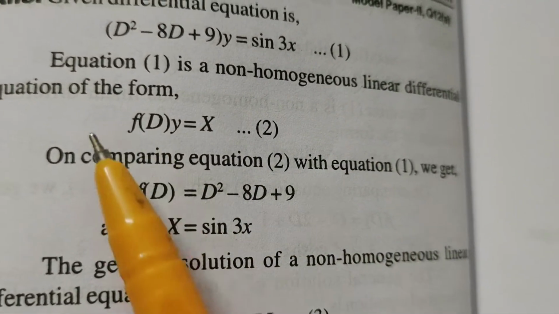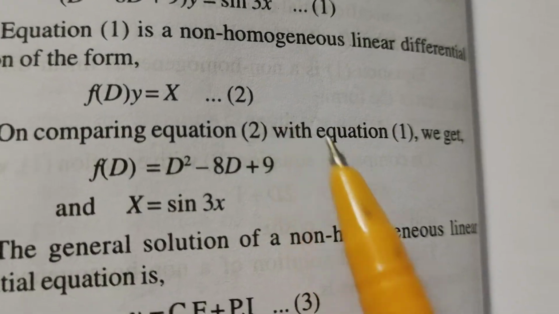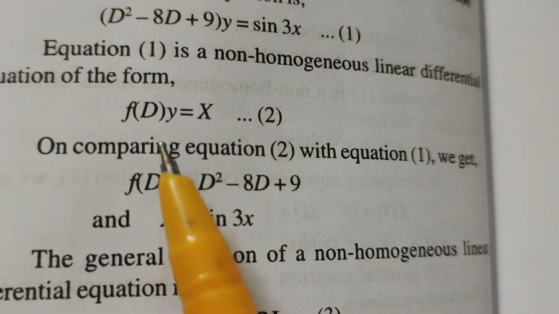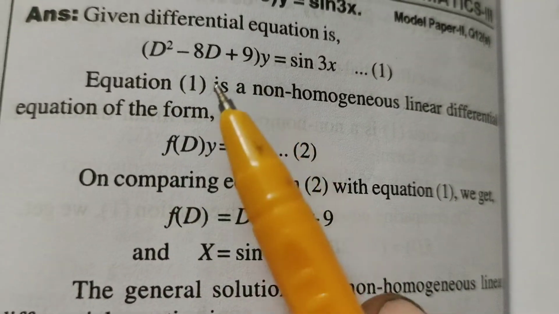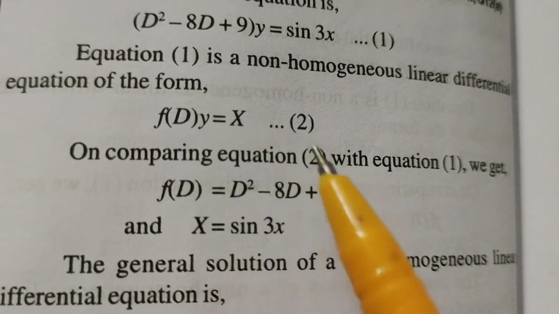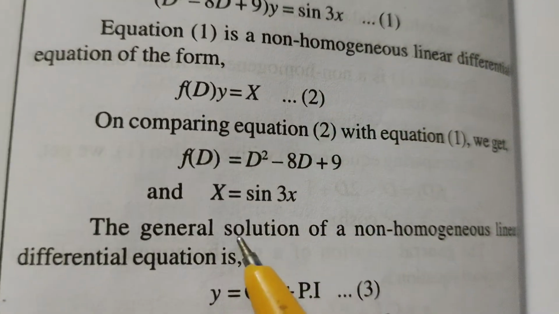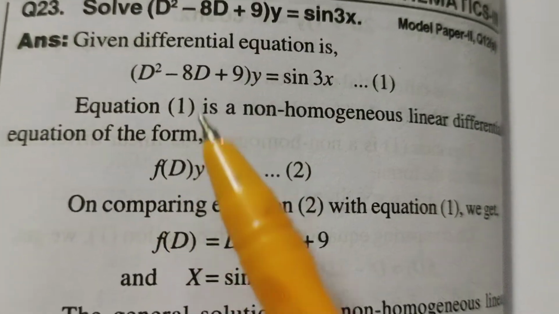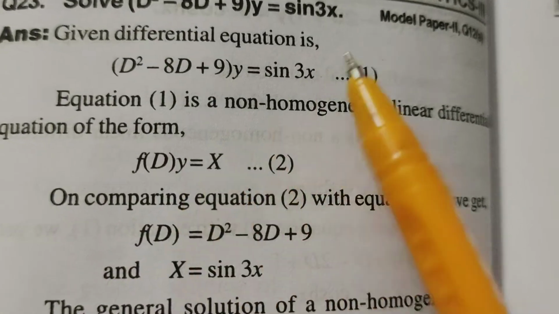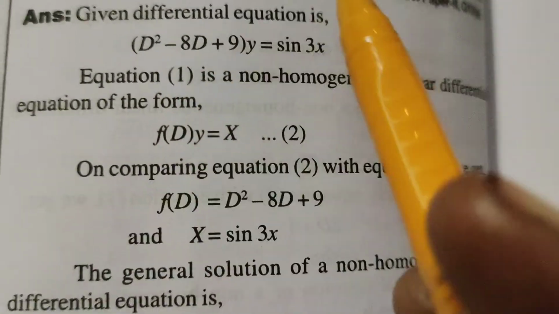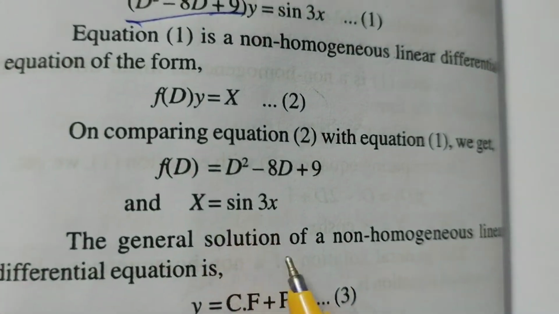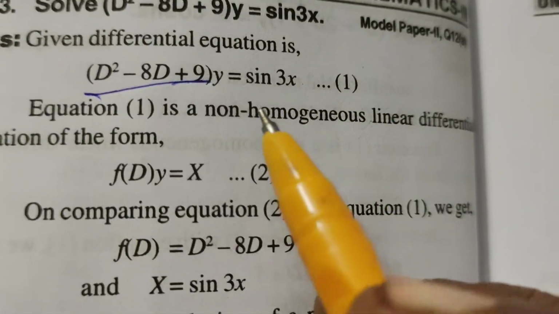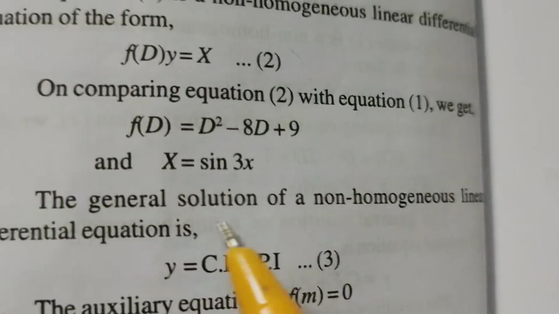Now comparing equation 2 with equation 1, f(D) = D² − 8D + 9, and X = sin 3x.